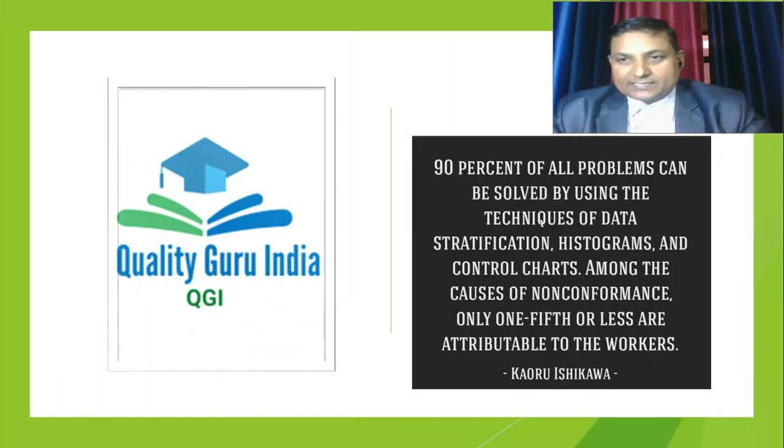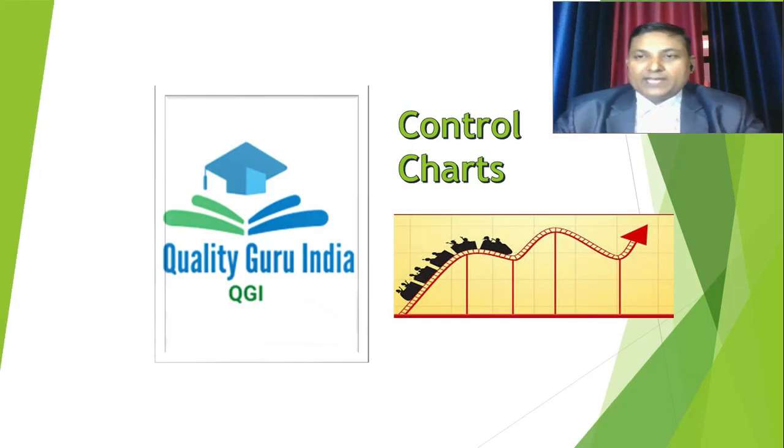Let's see what Mr. Kaoru Ishikawa says. 90% of all the problems can be solved by using the techniques of data stratification, histograms, and control charts. That's why I chose to make a video on control charts. With the help of control charts, we can solve around 30% of the problems.